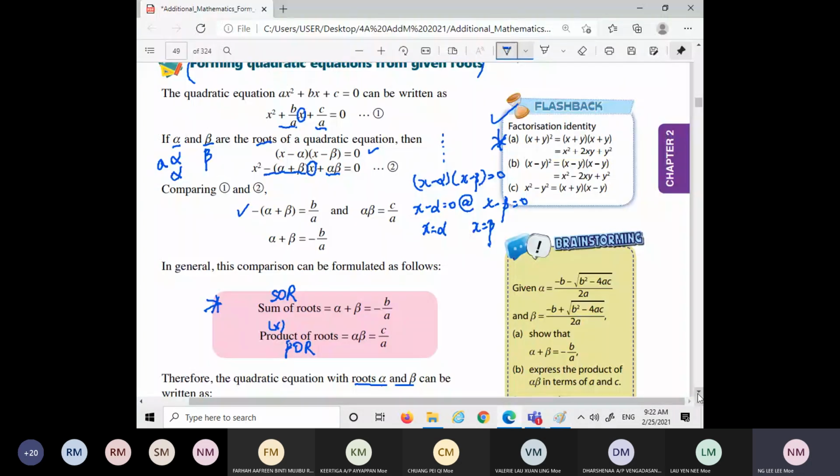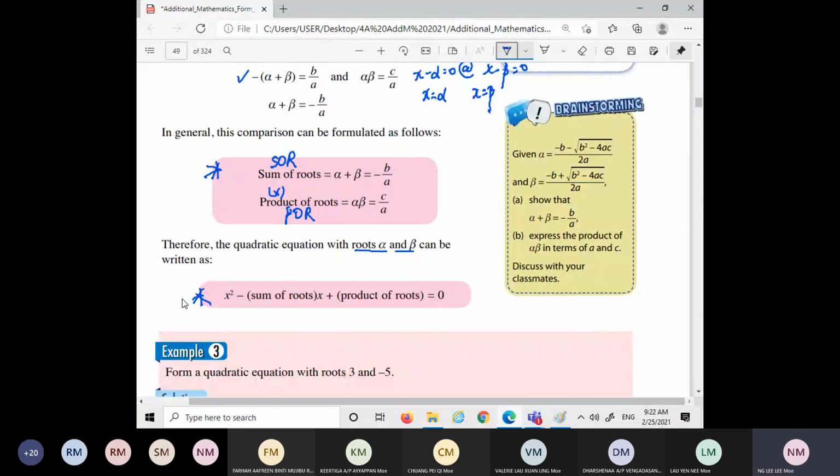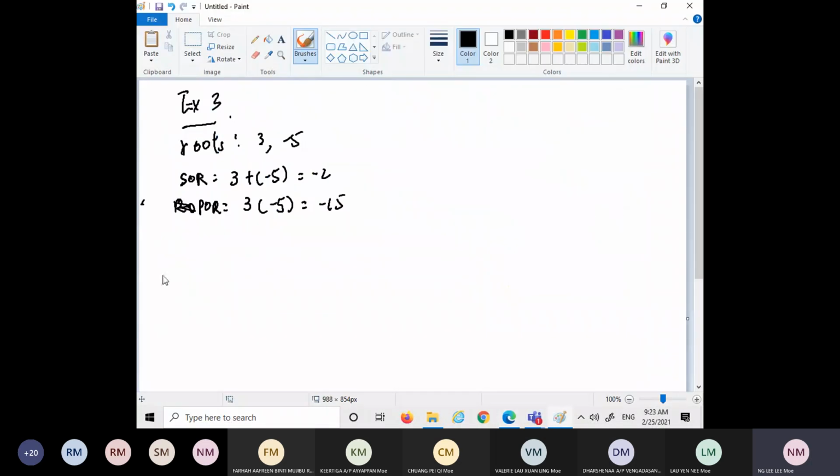I'm going to use this to form the quadratic equation. So x squared minus SOR, x plus POR, equals 0.